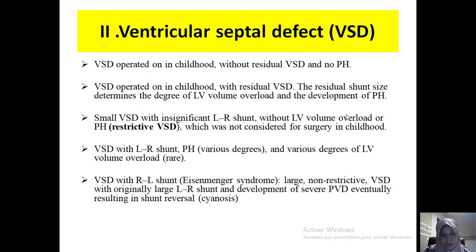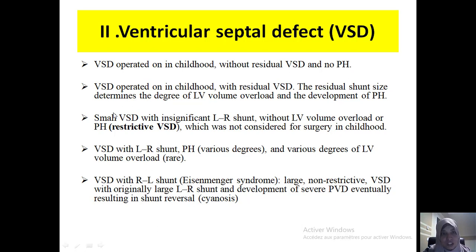So, in case of adults, there may be 5 situations with VSD. VSD may be operated on in childhood without residual VSD and no pulmonary hypertension.